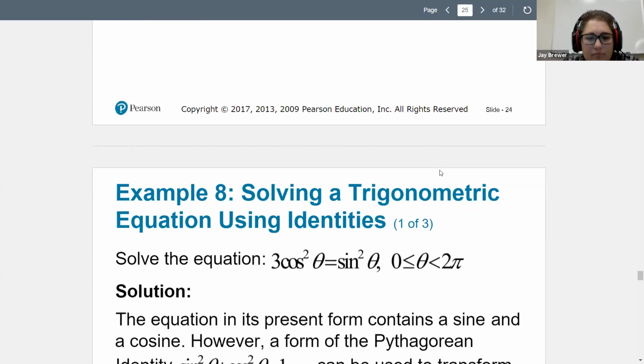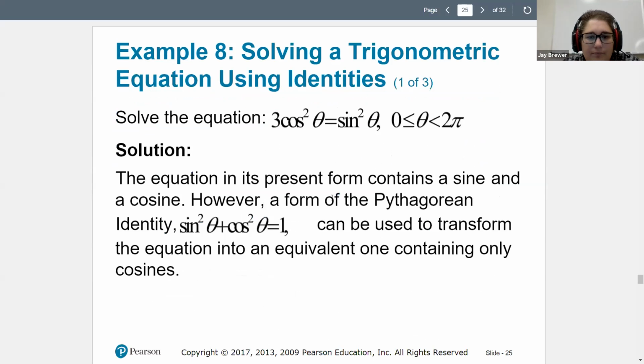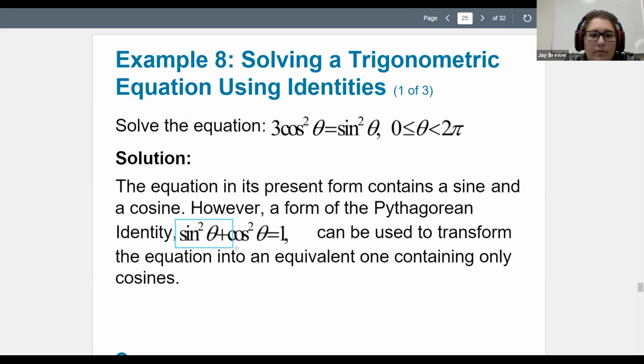All right. Let's check it out. How many of you assumed that we would use the Pythagorean identity when you saw that problem? Okay?